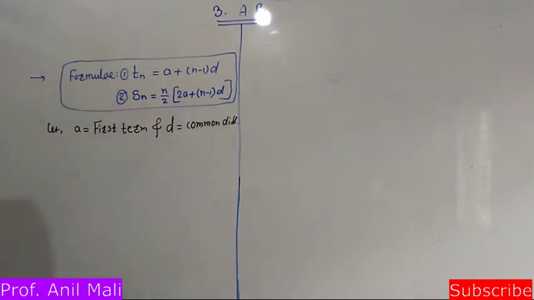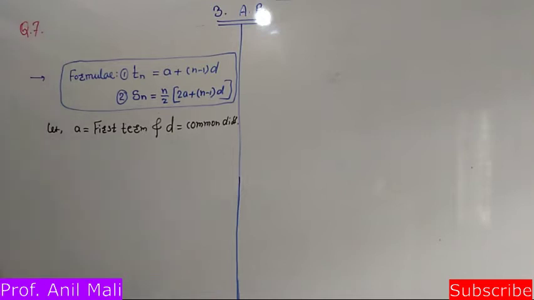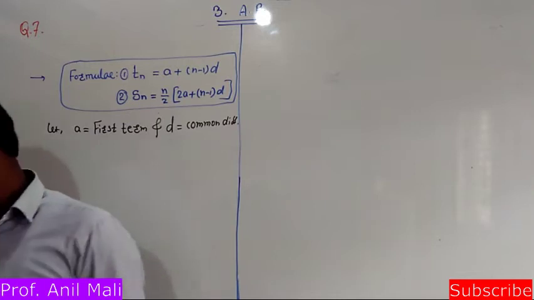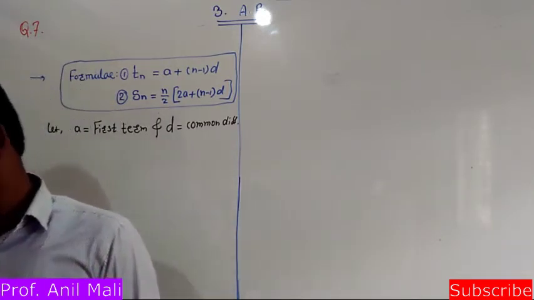Question number 7 is telling us that in an AP, the sum of 3 consecutive terms is 27.